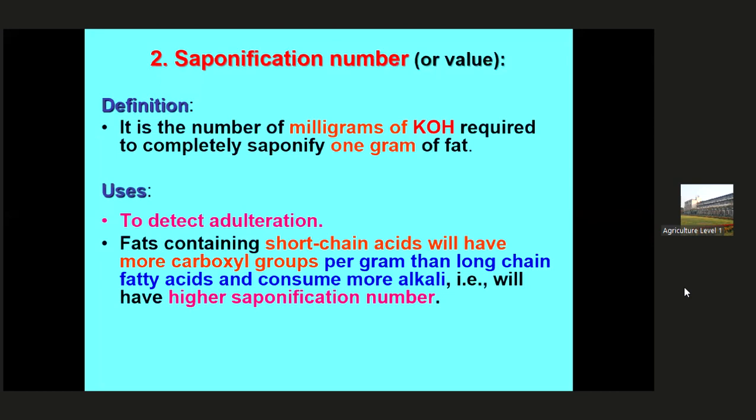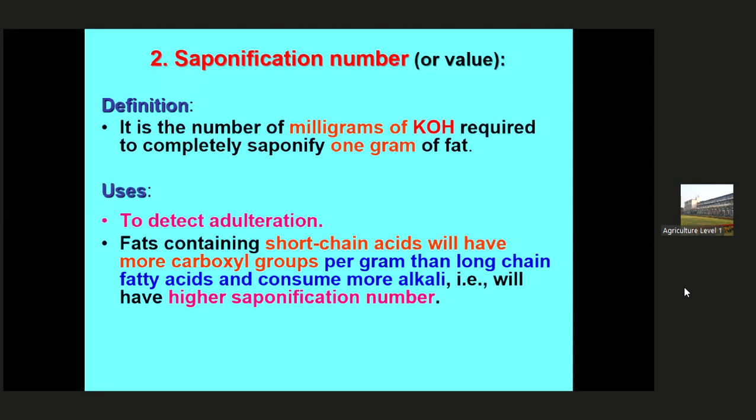So if it is long chain, then the carbon chain will be long, and if the carbon number is long, then the amount of the fatty acid will be decreased because the total number of carbon, hydrogen and oxygen will be fixed. So if the chain length is increased, then the total carboxyl group will be decreased.